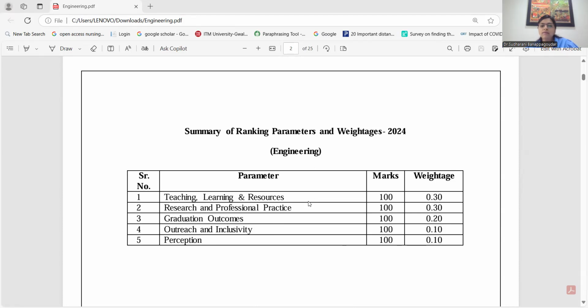If you see the first and the second parameters, that is teaching, learning resources and research professional practice, each carries a weightage of 30%, that is 0.3, compared to the other parameters. So today we will discuss each parameter in detail.